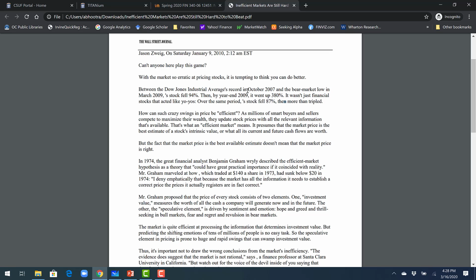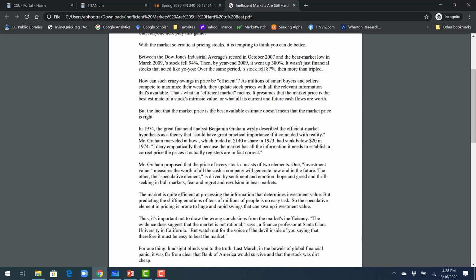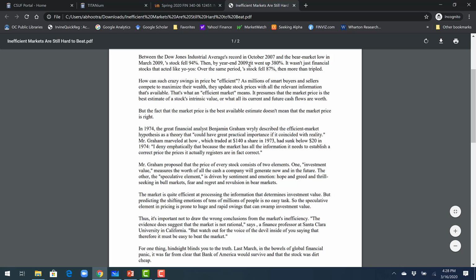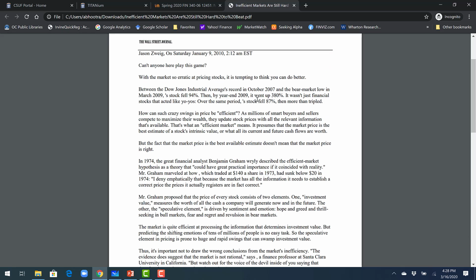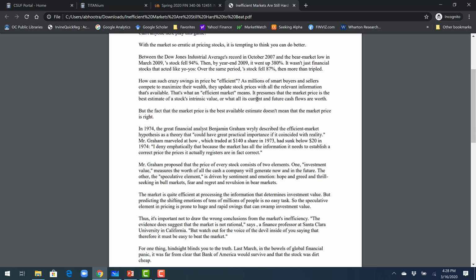Huge swings in both directions in a very short period of time. How can you justify such big swings in an efficient market? It has to be the case that at some point during this period, the prices were not fair, right? They were either undervalued or overvalued or both, right?